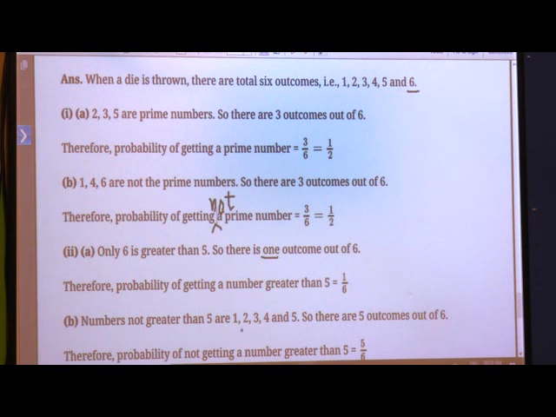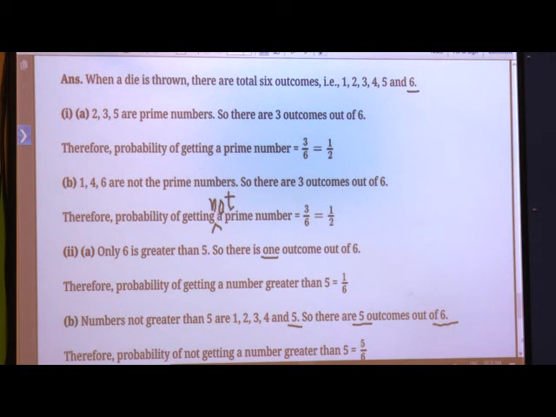Not greater than 5: 1 is not greater than 5, 2 is not greater than 5, 3 is not greater than 5, 4 is not greater than 5, and 5 is also not greater than 5. So, there are 5 outcomes out of 6.